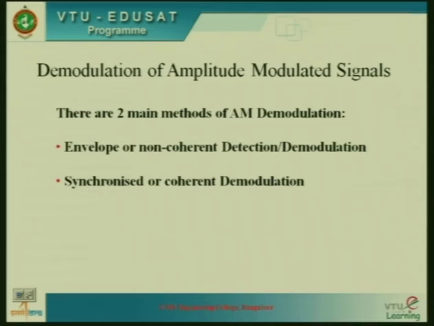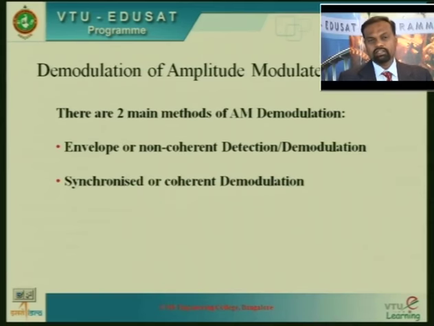These two techniques were invented by scientists long back, and they used a very interesting circuit to extract the message from the modulated data. Now let us understand what this envelope detector is and what synchronized detection, or coherent demodulation, is.